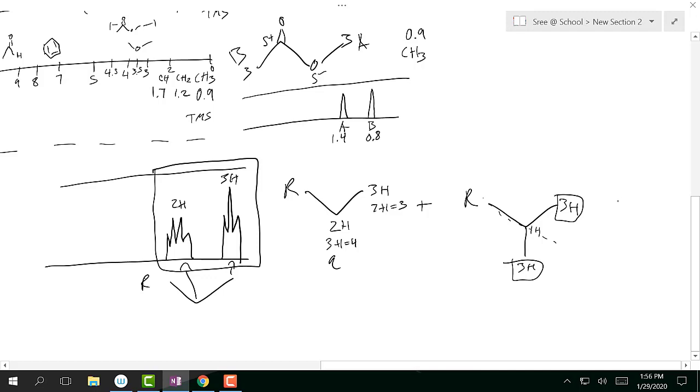Anything above 4, so 5 and above, we just call that a multiplet. We don't call it a septet or whatever, but you still have to look for 7. So it looks like that, and then all 6 of these hydrogens are bouncing off this single hydrogen. So that's 1 + 1 = 2, a doublet. And then that should look like this.